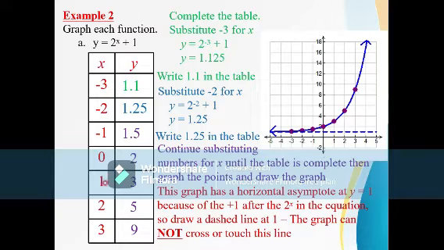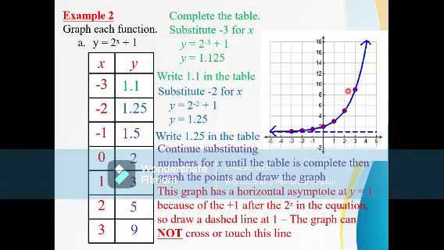Look at the x-axis 1, then look at 3 here, that's in between 2 and 4. The next would be 2, 5. Next is 3, 9. The value of your x is 3, then the value of your y is 9.